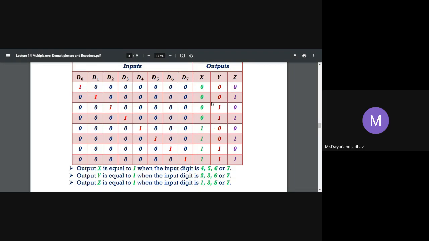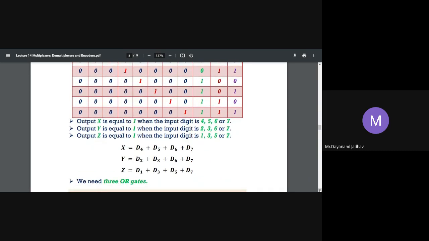These are the possible combinations when we consider the three variables XYZ. 000 is D0, 001 is D1, 010 is D2, 011 is D3, 100 is D4, 101 is D5, 110 is D6, and 111 is D7.